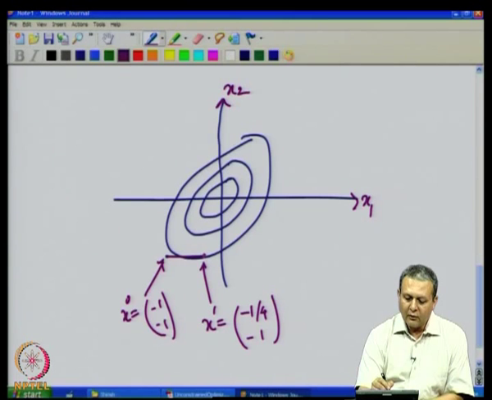So, if we use the other coordinate, we would reach some point which is here. Now, compare this.